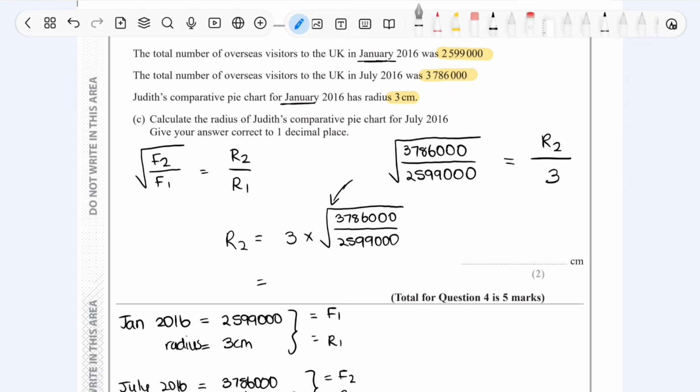And then you just have to type this into your calculator. And what you end up getting is this following. The question tells us to give our answer to 1 decimal place, and so we need to put this to 1 decimal place, which is equal to 3.6 centimeters.